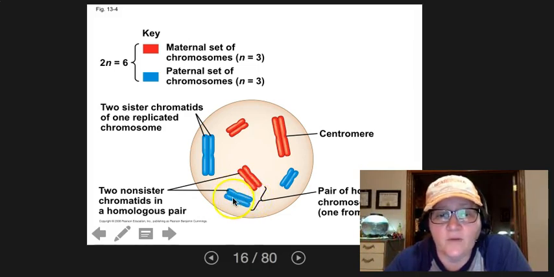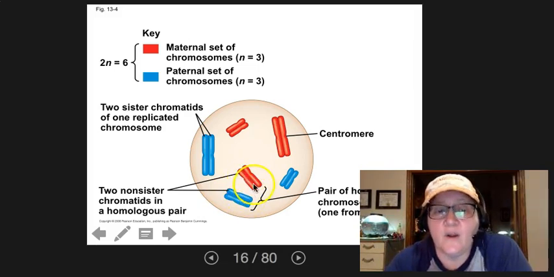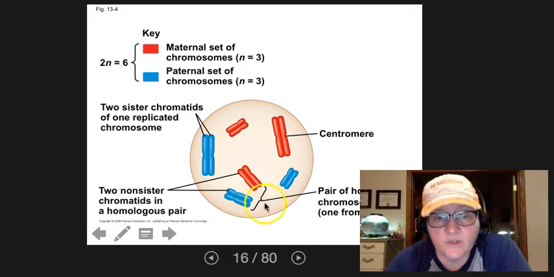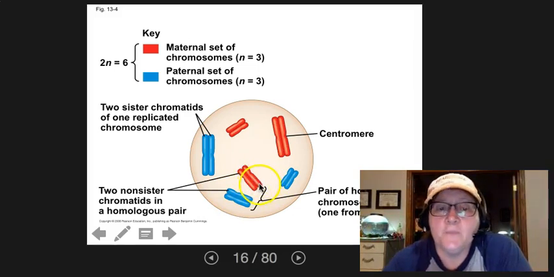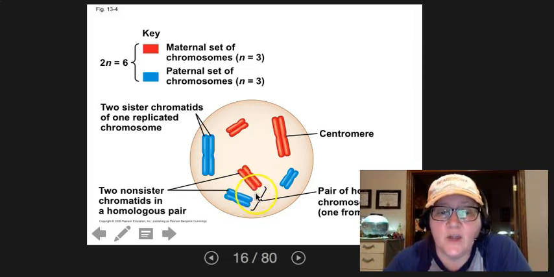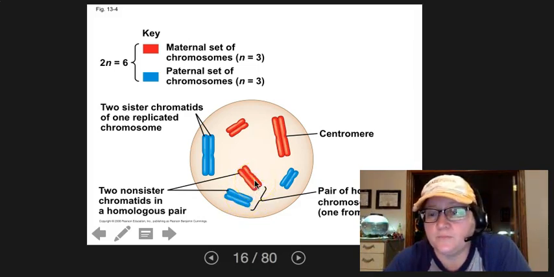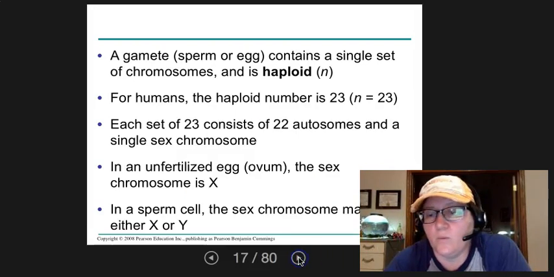If I take one of those sister chromatids from dad and one from mom, they are non-sister chromatids of a homologous pair. I still have a homologous pair. There's still chromosome number 2, one from mom and one from dad. But what I have are chromatids, and these are sister chromatids, and if I take one from each, these are non-sister chromatids.